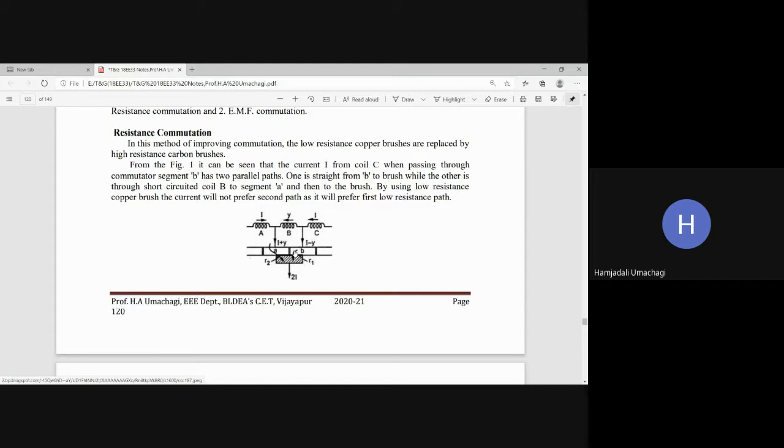It is not going to travel through the short-circuited coil B, then to the segment A, then to the brush. So by using a low resistance copper brush, the current will not prefer the second path.